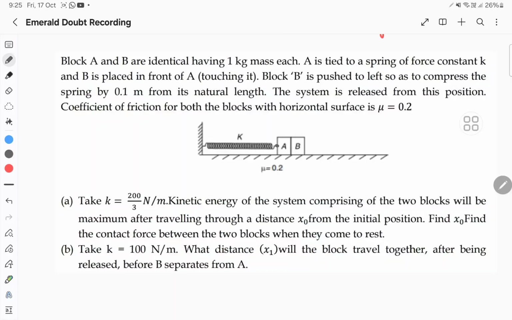Block B is pushed to the left so as to compress the spring by 0.1 meter from its natural length. Okay, it has been pushed to a certain extent.